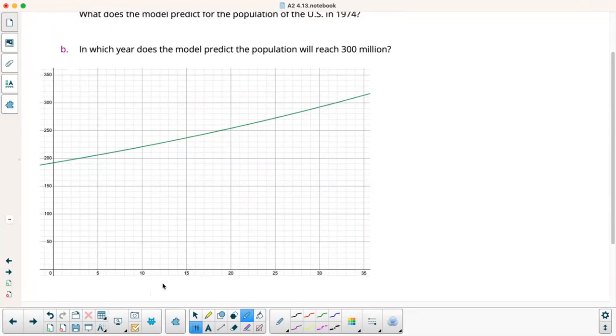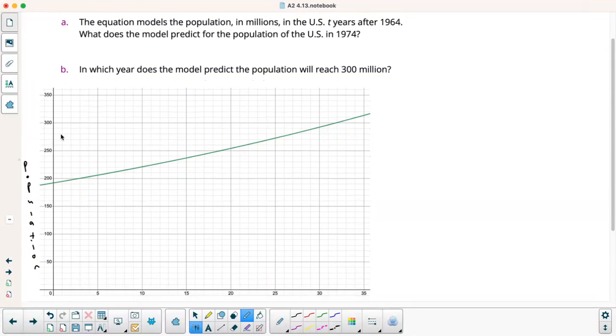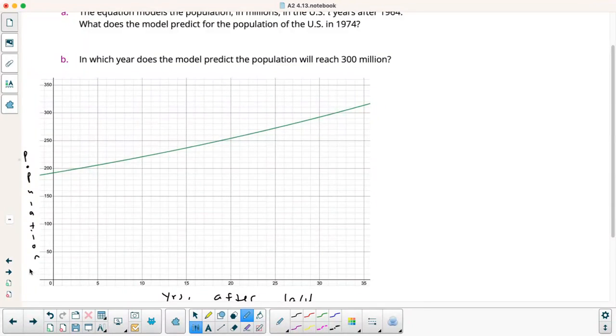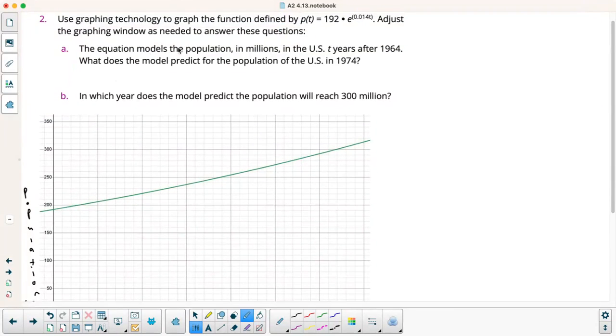So this is years after 1964, and this is our total population in millions. What does the model predict for the US population in 1974?